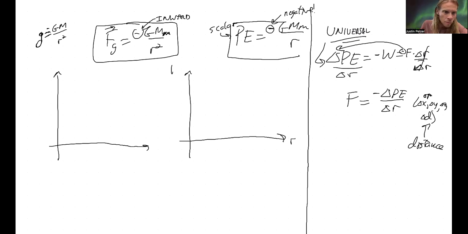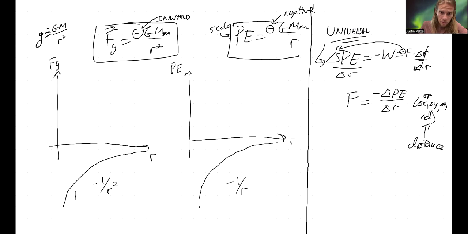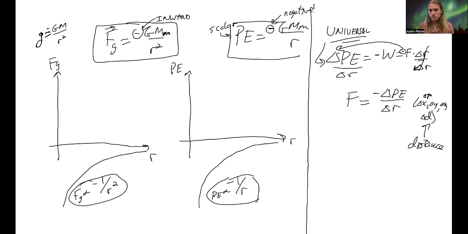I'm only doing it for brevity, and I think it still illustrates the point that this is 1 over R squared, and it's negative, and that this is negative 1 over R, meaning that's the proportion, right? Force goes as, and here potential energy goes as, right? So they look almost the same.